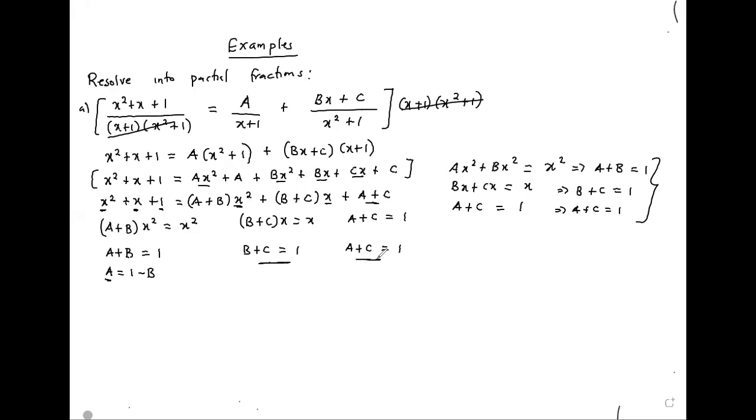So now we have b plus c is equal to 1. Where there is a, it will be 1 minus b plus c is equal to 1. So if we take it to the other side, we're going to have negative b plus c is equal to 0.